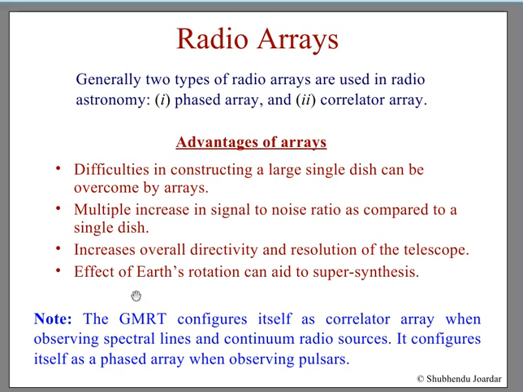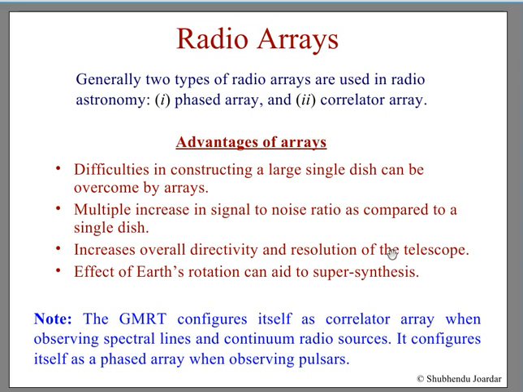Then with all this, you can use the effect of Earth rotation to aid supersynthesis. Supersynthesis is generally used by correlator arrays, but on phased arrays also you can do that. Maybe we will not talk about phased arrays when we talk about supersynthesis, but I can show you how phased arrays were used for that in earlier days.